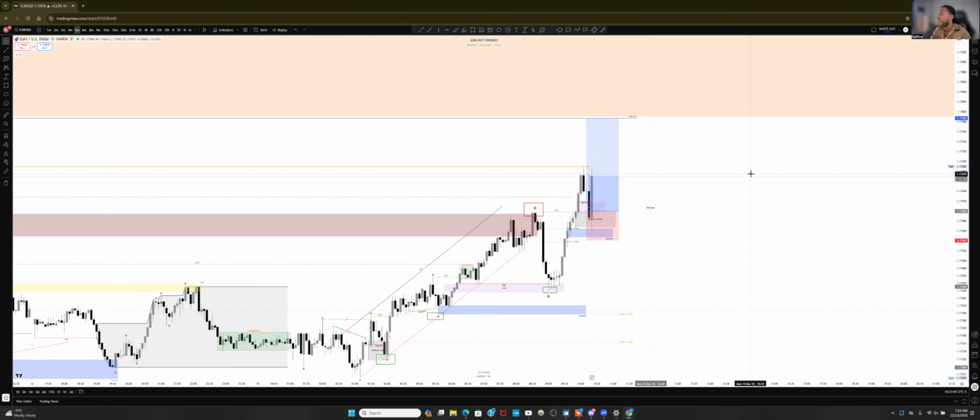So we'll see where we take this trade towards, if that's where price wants to go. But for now, we let price continue to work its way up.